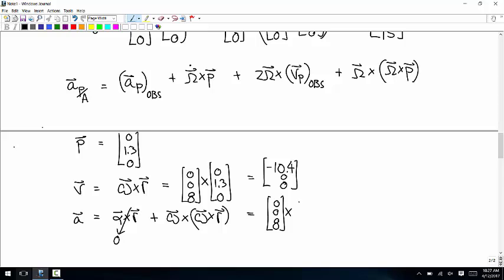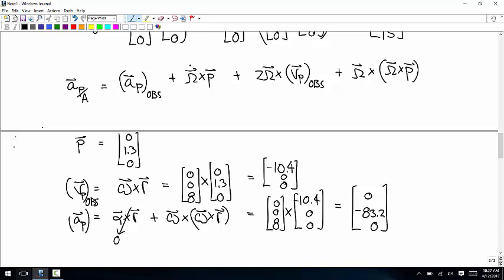Okay, yeah, that's right. Negative 10.4, 0, 0. And what was that? 83.2 negative. Okay, so this is the velocity of p that's observed and the acceleration of p that's observed.